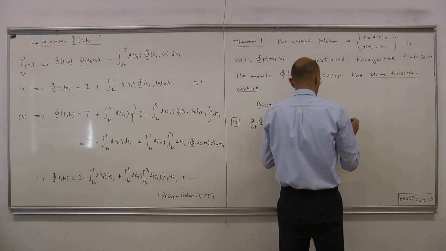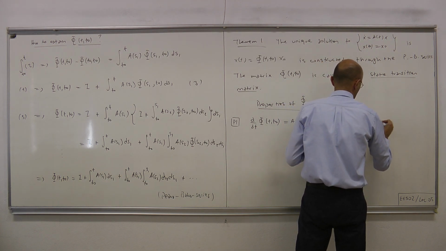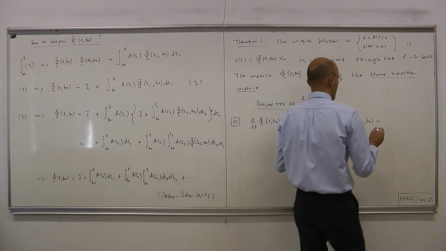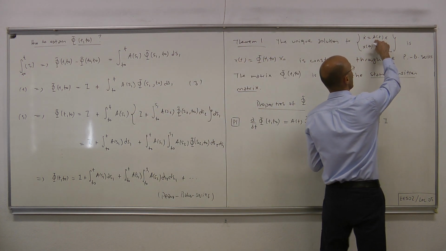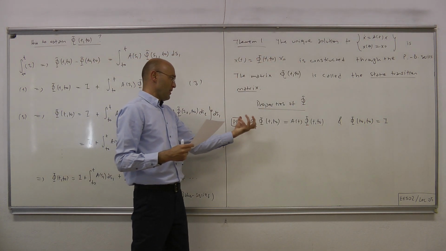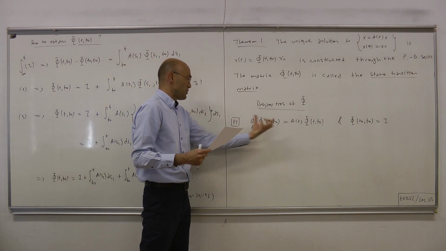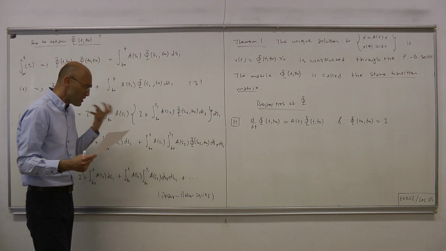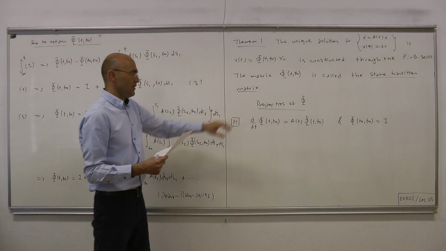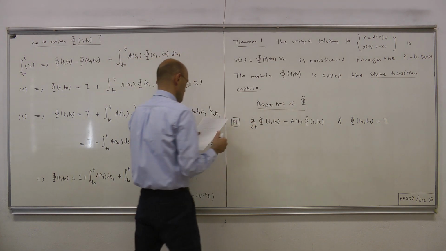And phi t0 t0: whenever the arguments are the same, this matrix, regardless of A of t, boils down to the identity matrix. These are the properties from which we obtained the Peano-Baker series. So that's in a sense a tautology of that problem. Phi satisfies this problem.